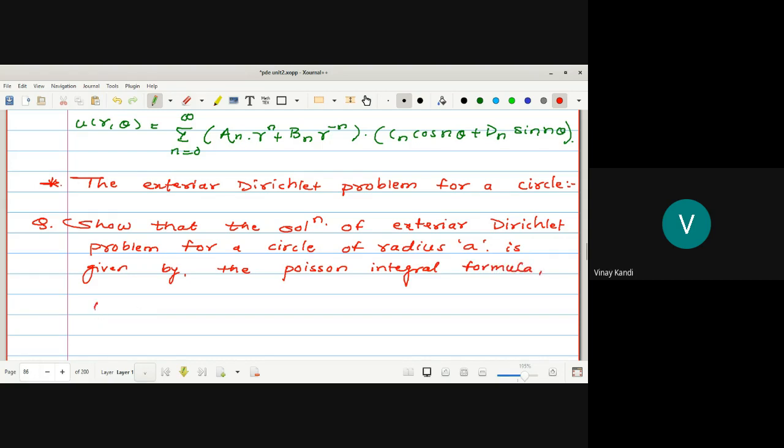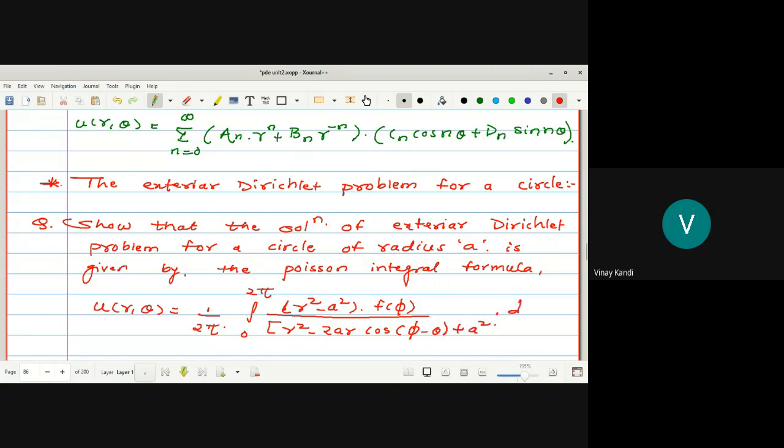That is, the solution in polar coordinates is u of r, theta equal to 1 upon 2 pi into the integration from 0 to 2 pi of (r square minus a square) f of phi divided by (r square minus 2 a r cos(phi minus theta) plus a square) d phi, integration with respect to phi.